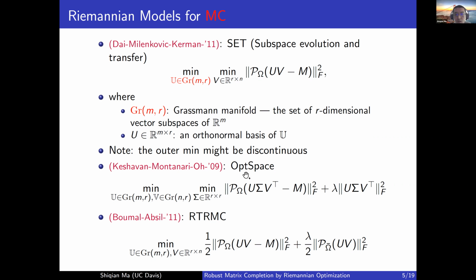So for example, this work called OPT space, okay. And also this work RTRMC by Boumal and Absil. I will talk more about this one because our model is closely related to it. RTRMC stands for Riemannian trust region algorithm for matrix completion. Okay. So what they did here is similar to this SET model, but they add one regularization term.